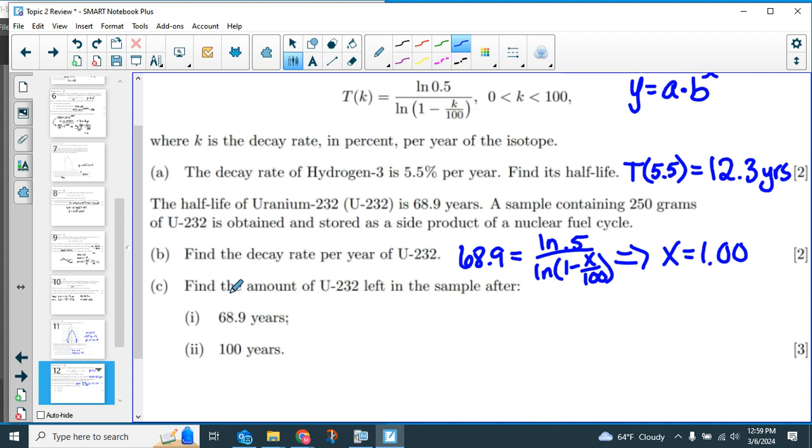What does the word half-life mean? Yeah. So if we're waiting one half-life, exactly half of it should be left. So half of 250 is 125. And I'll just put that off to the side here. Half of 250, because this is one half-life.